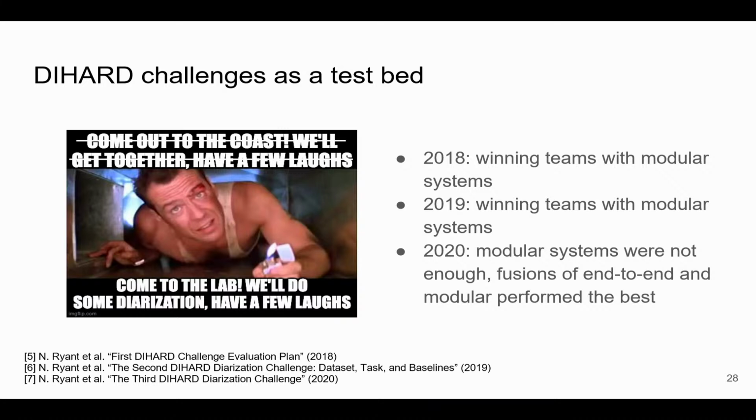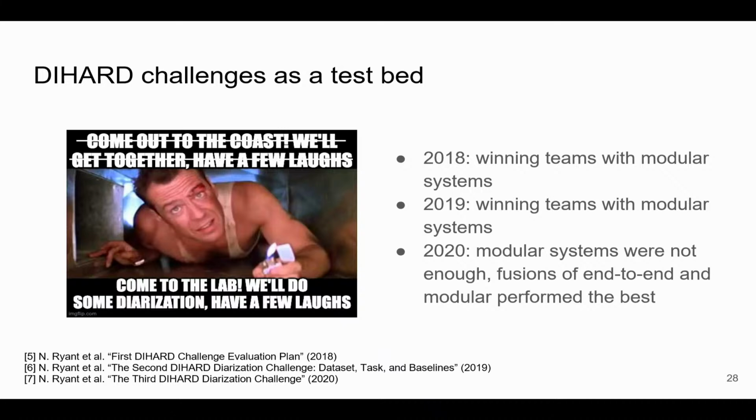All right, so I was commenting on these modular systems and the problems that are related to them, but I need to put Die Hard into context. I would put this series of challenges as the turning point between modular and end-to-end systems, because it served as the test bed for diarization.